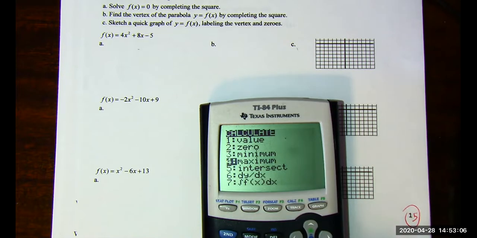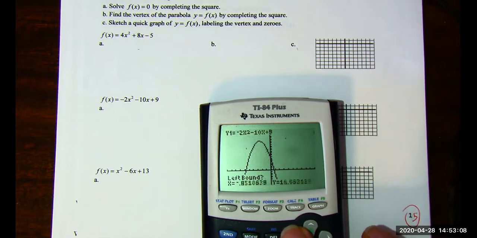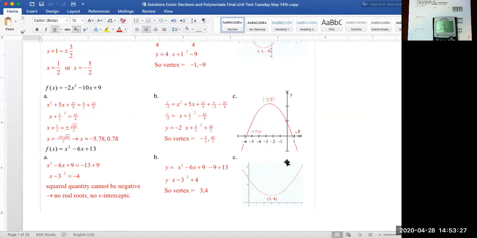It's a maximum because it's at the top of a hill. Left bound. Right bound. Guess we don't need to do anything. Let's look at this maximum value, -2.5, 21.5. Let's verify. Yep, -2.5, half of 43 is 21.5.